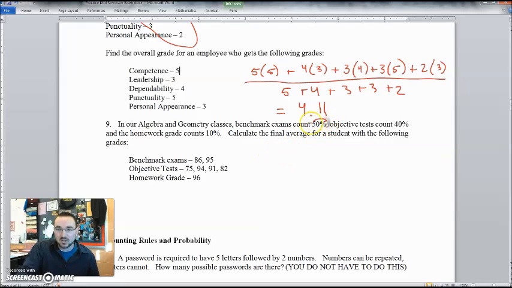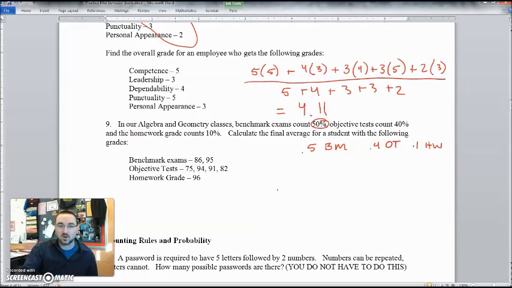So I'm going to change this value to 0.5 for benchmarks. Our objective tests are going to be 0.4 for objective tests, OT. And then we're going to have a homework grade of 0.1 for homework, so HW. So those are our weights, and those weights add up to 100%, which is great.